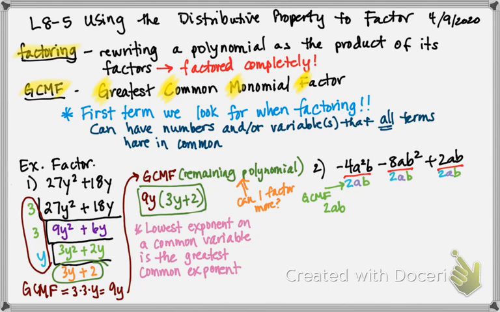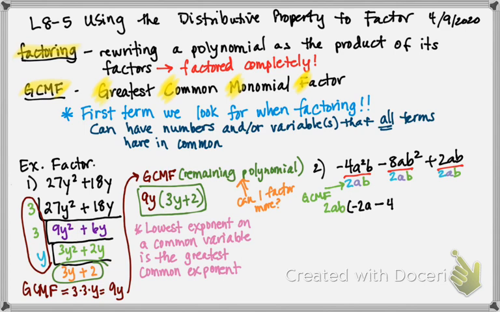And I like doing it this way too, because when you put all the stuff underneath, you can see what the individual little problems are. So -4 divided by 2 is going to give me a -2, and then an a squared divided by an a is going to give me an a, and a b divided by a b is going to give me 1, so I don't need to show it. And then -8 divided by 2 is going to give me a 4. A divided by a is 1, so I don't have to write it.